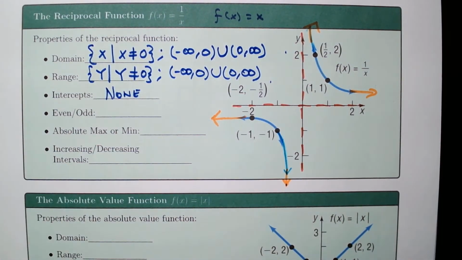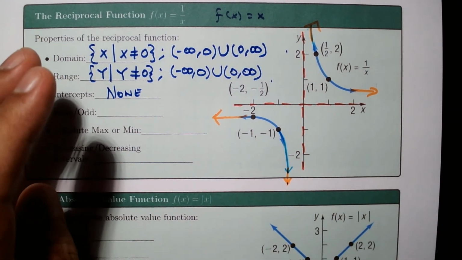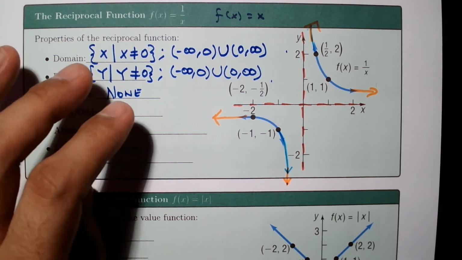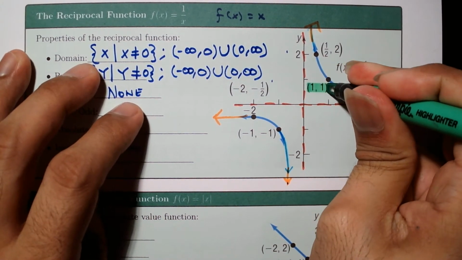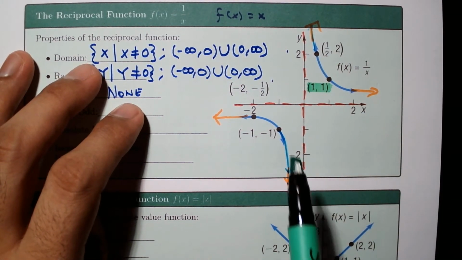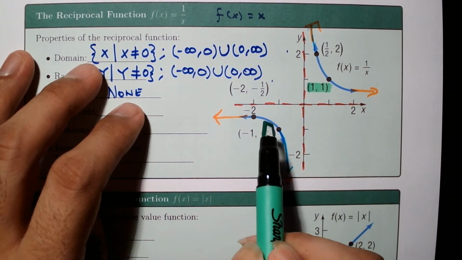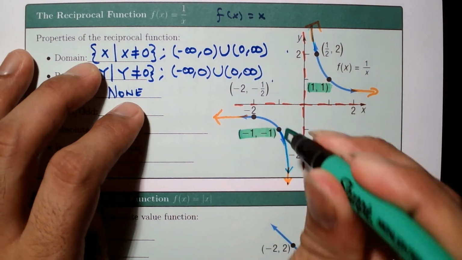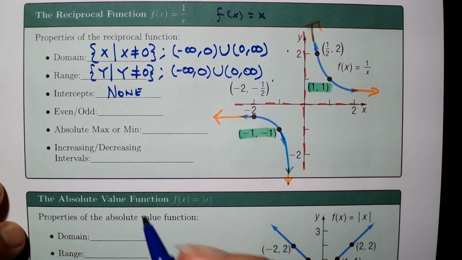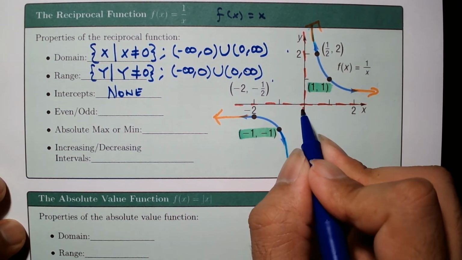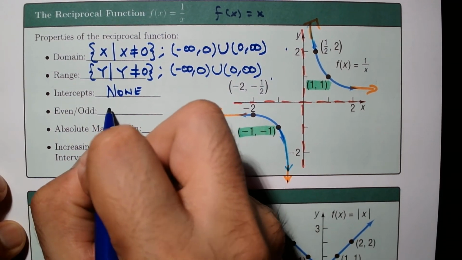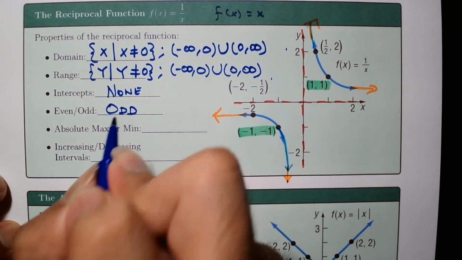So this graph fails to be even because it's not symmetric about the y-axis. However, let's take a test point, our favorite 1, 1, and change the sign of both numbers. Did you get another point that is also on the graph? Yes. So this function is symmetric about the origin. Hence, it's odd.